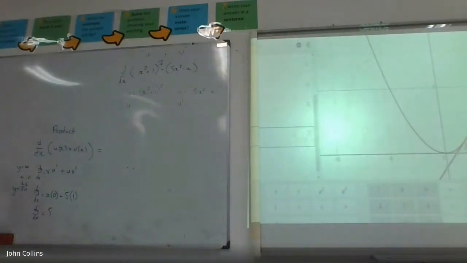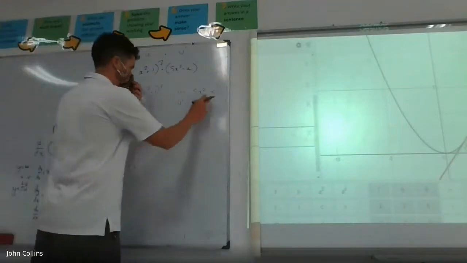Just tidy it up as much as you can. Maybe put the power 6 last. That makes sense. Don't expand it, that would take a long time.